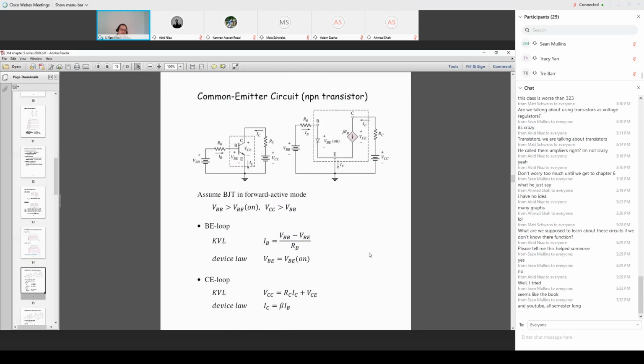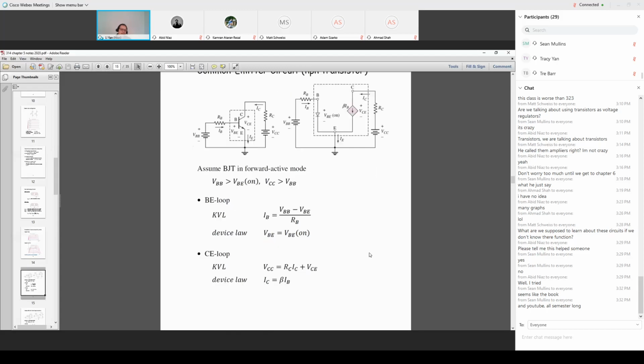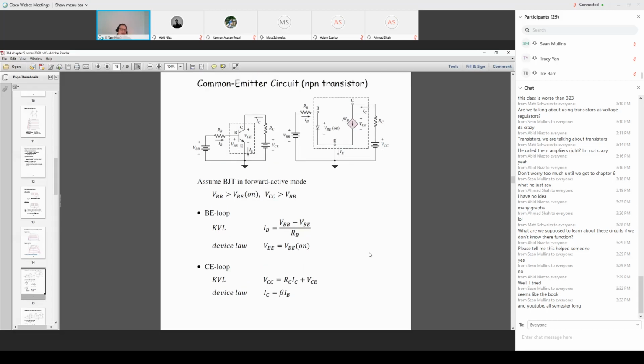Any question? Indeed, the previous slide built up the basics, the ground for us to model the bipolar junction transistors. Any questions?